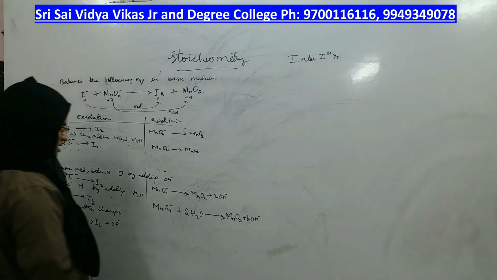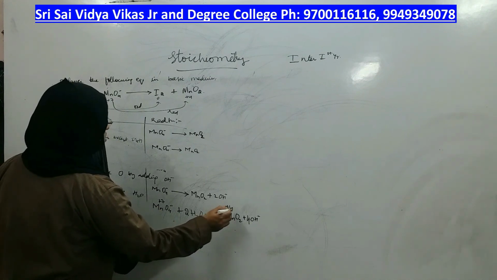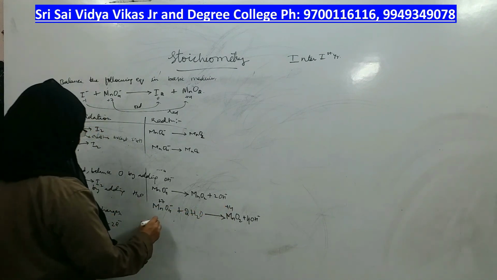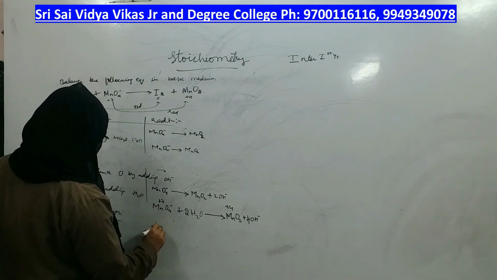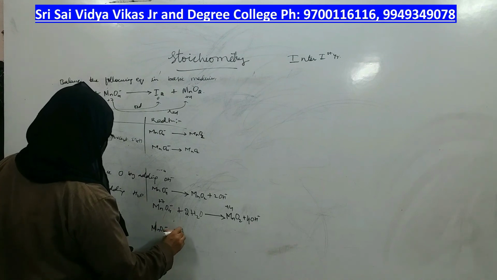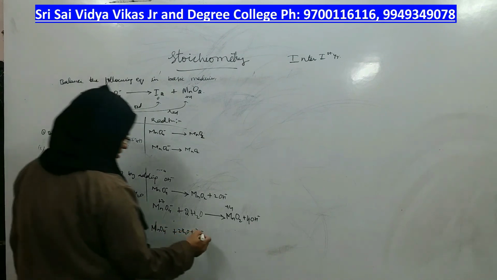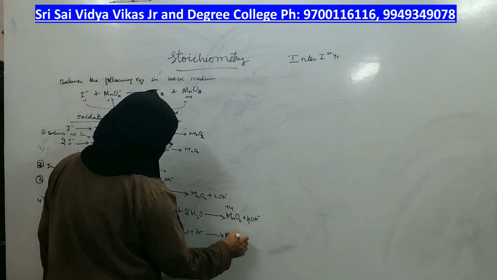Coming to the other side, Mn was having +7, Mn is now having +4. That means 3 electrons are gained. So we will add 3 electrons on the left side. MnO4 minus plus 2 water molecules plus 3 electrons gives MnO2 plus 4 OH minus, right?